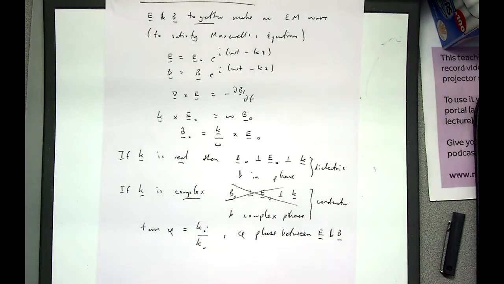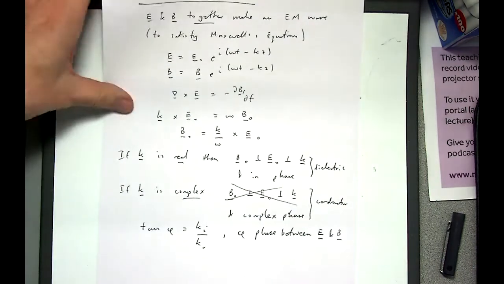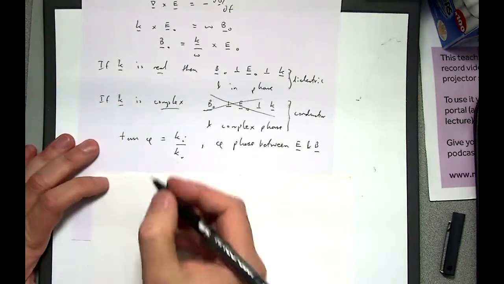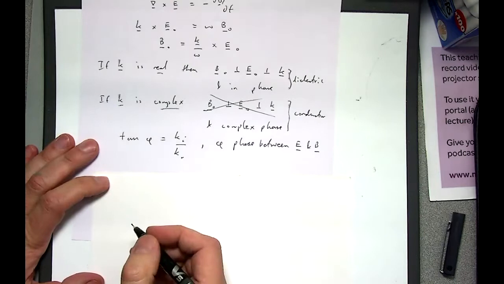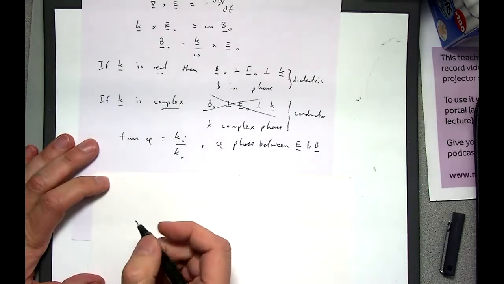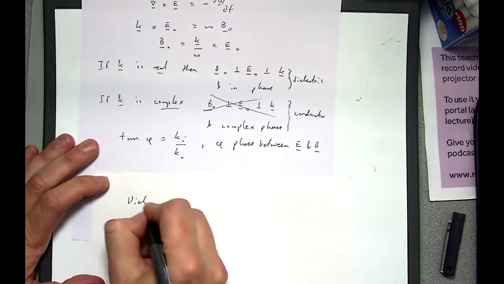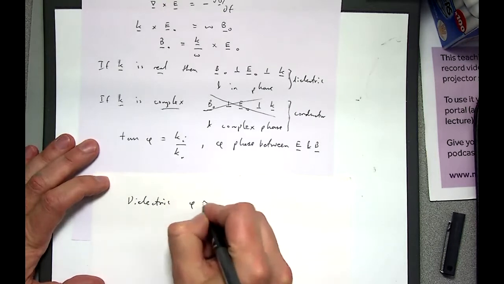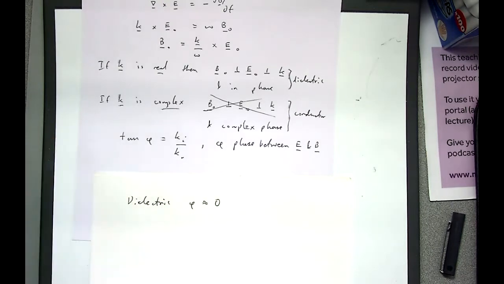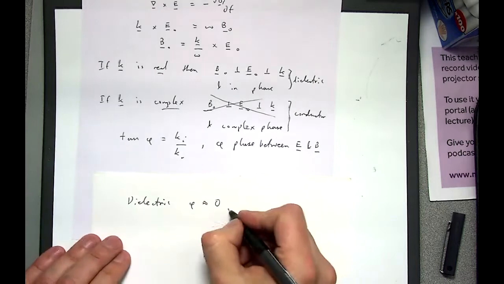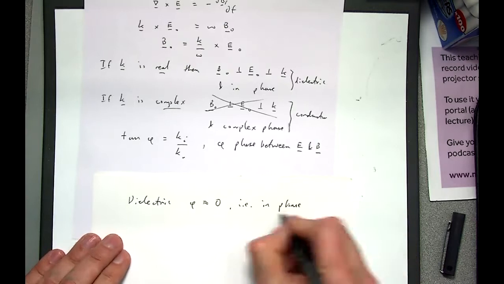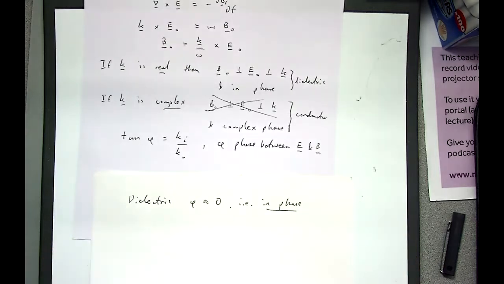So the next task is to work out what that phase difference is. So let's calculate that. Okay, so we said that in a dielectric, the phase difference in a dielectric, that phase is approximately equal to 0, okay, which means that the electric field and the magnetic field are going up and down together as a function of time.